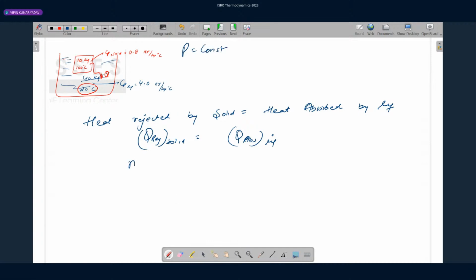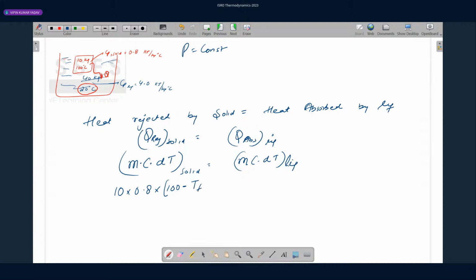So I can say m C dT of solid equals m C dT of liquid. What is the mass of solid? It is 10 kg. C is 0.8. dT: initial temperature is 100, final I don't know.